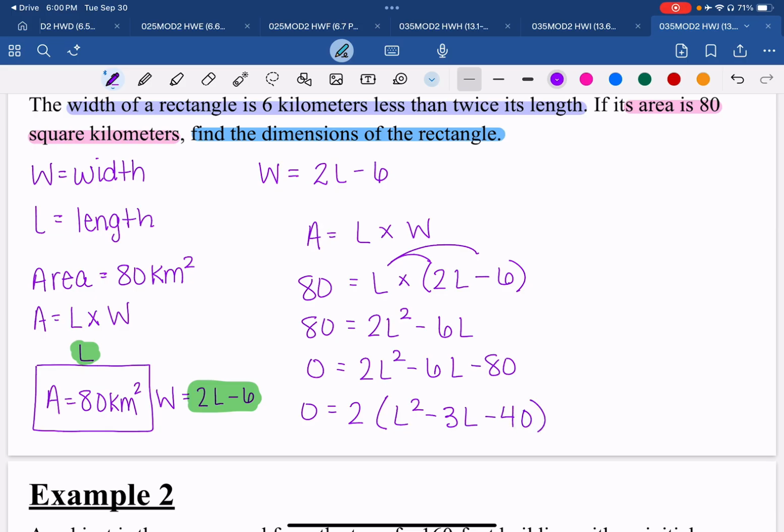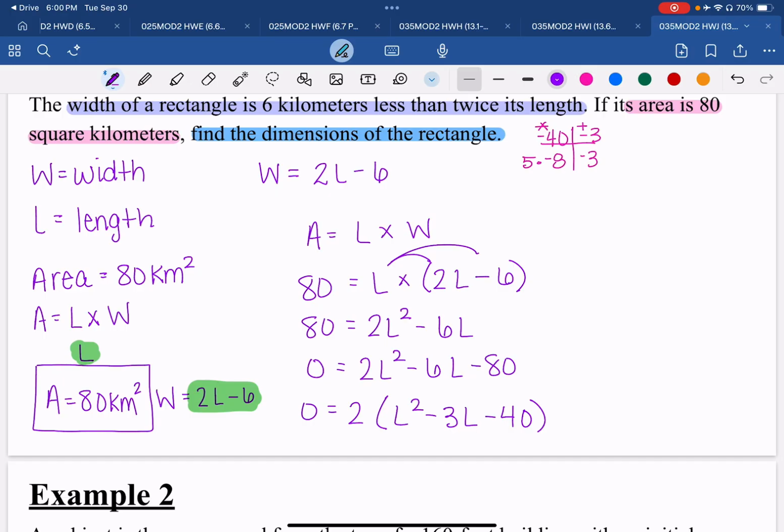Now I need to factor. So I need numbers that are going to multiply to negative 40 and add to negative 3. So let's see, those numbers are going to be 5 and negative 8.